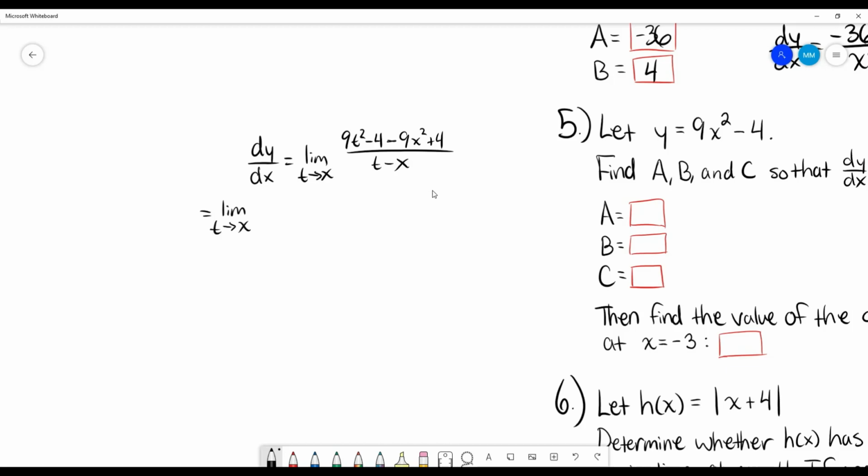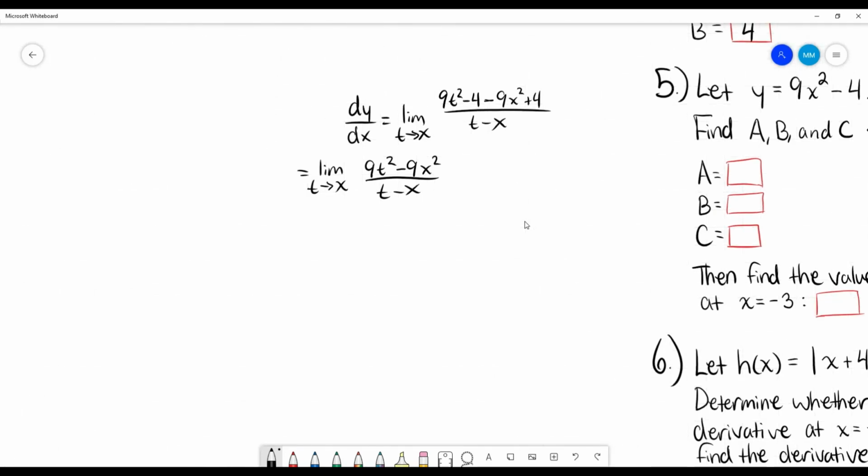We'll keep going. So it's the limit as t approaches x. Obviously our minus 4 and our plus 4 cancel out. So we've just got 9t squared minus 9x squared over t minus x. And once again, we just want to cancel out that t minus x. And it looks like we've got ourselves a perfect square.